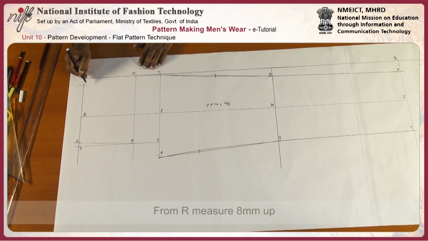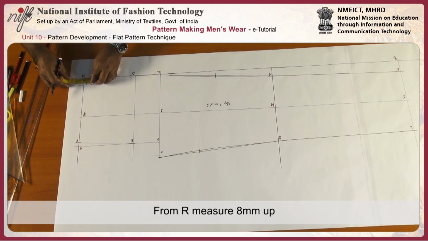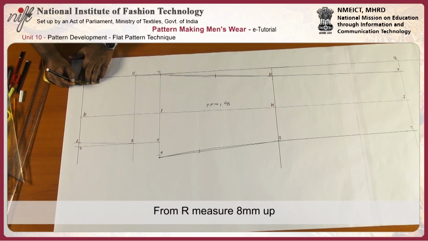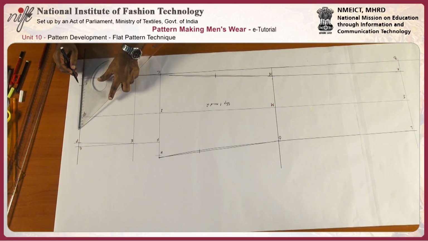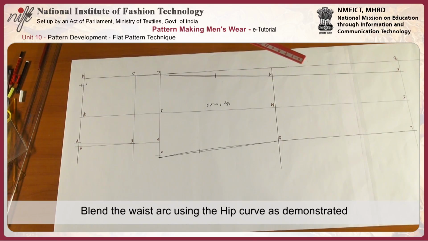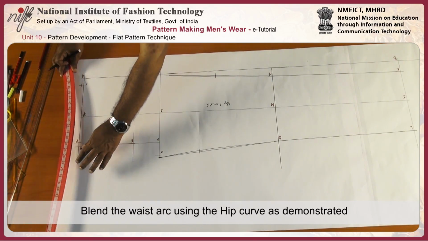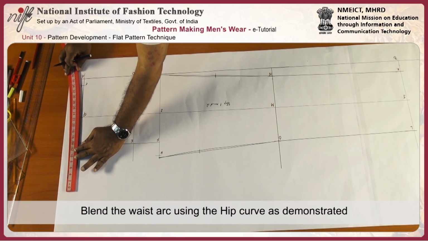From point R, measure 8 mm up. Then blend the waist arc using the hip curve, as shown in the demonstration.